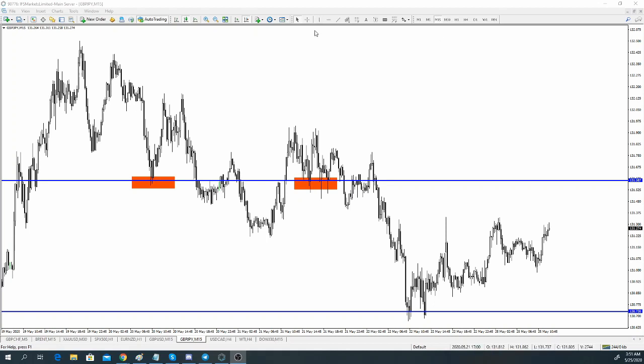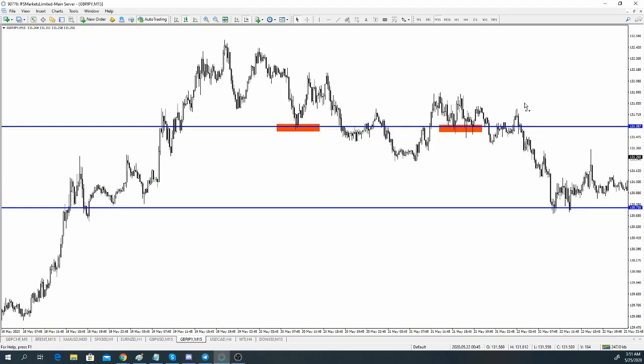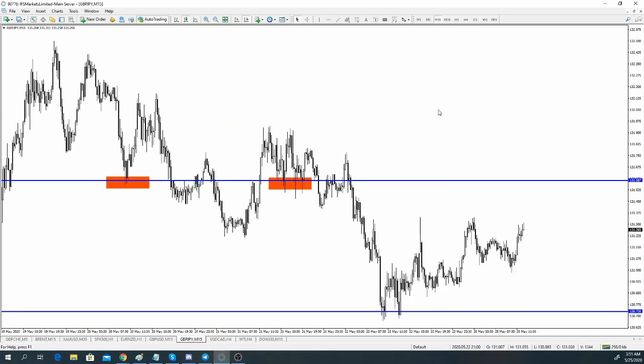Now you can see right here, I'm going to give you a couple of examples on the pound versus the yen. As you can see right here, this level did not hold as strongly as the levels that we're going to be looking at on the 4-hour chart.